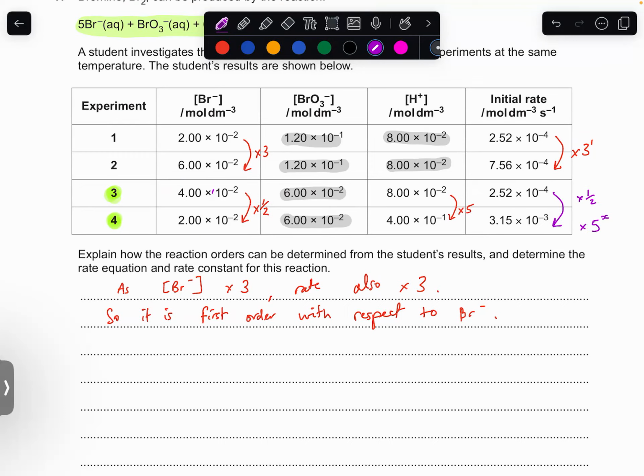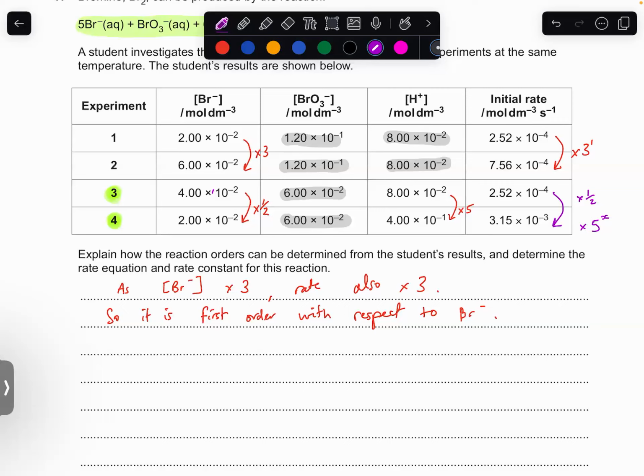So what we do, 2.52 times 10 to the minus 4 multiplied by a half, and then we're going to multiply by 5. That doesn't seem to give you the right answer.